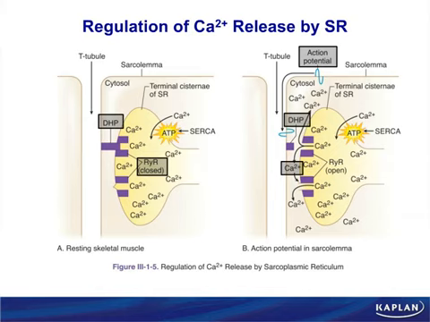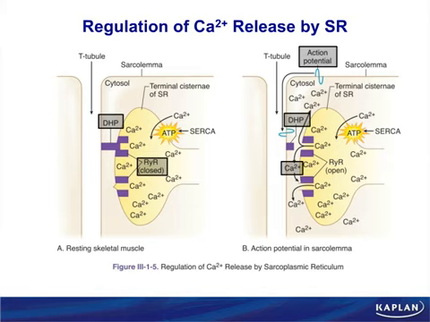So the rise in cytosolic calcium will open other ryanodine channels, and we'll get a greater flux of calcium into the cytosol to initiate cross-bridge cycling and, again, active force. This cross-bridge cycling just continues and continues until cytosolic calcium is lowered. So we have to get the cytosolic calcium back down in order to prevent actin and myosin from interacting. So in other words, relax the muscle.